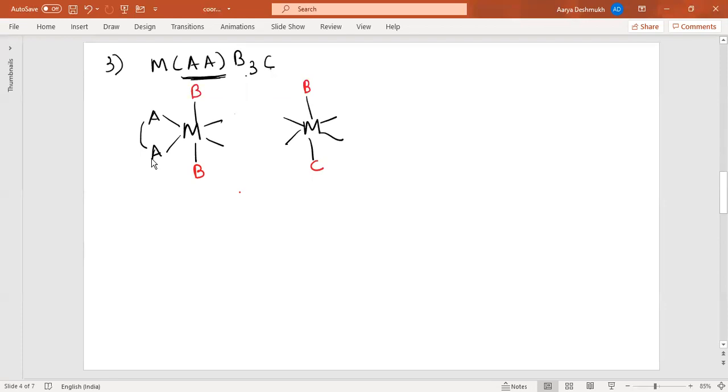Then B3, so we are left with one more B and one C. Then again this is a bidentate ligand, and here also B and B. So how many geometrical isomers are there? Equal to 2, isn't it?